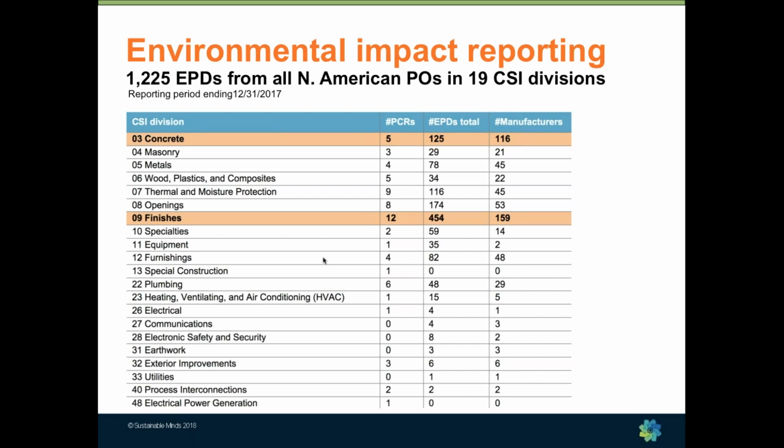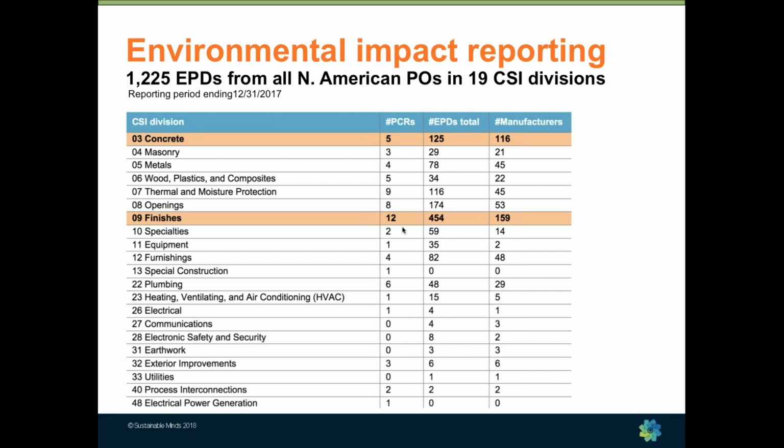Several PCRs cover more than one section. In fact, what we found is that most PCRs are not done according to CSI division or section. And oftentimes they'll include products, because they're done at the category level, that are found in different CSI divisions, as surprising as that may be.